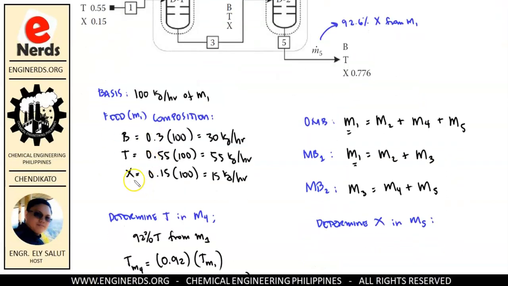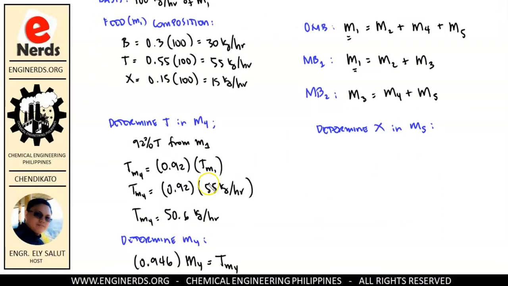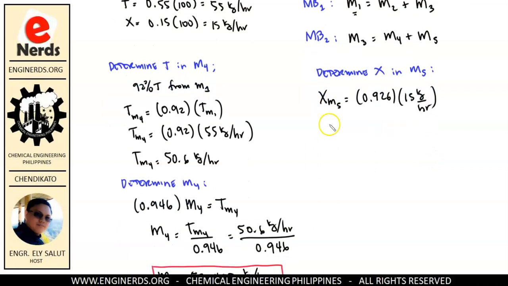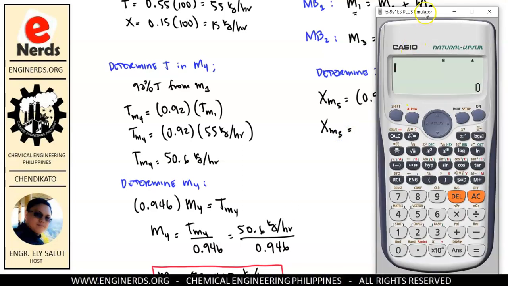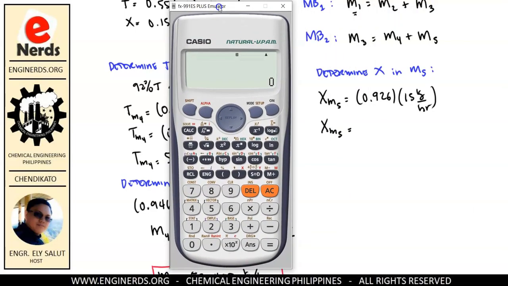Okay, so in our M1 we have 15 kilogram per hour of X. So that means our X in M5 is equal to 0.926 of 15 kilogram per hour. Okay, so let us calculate that here.